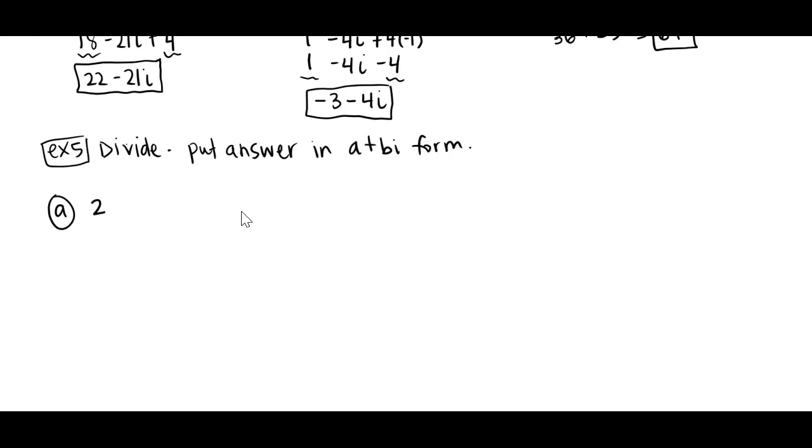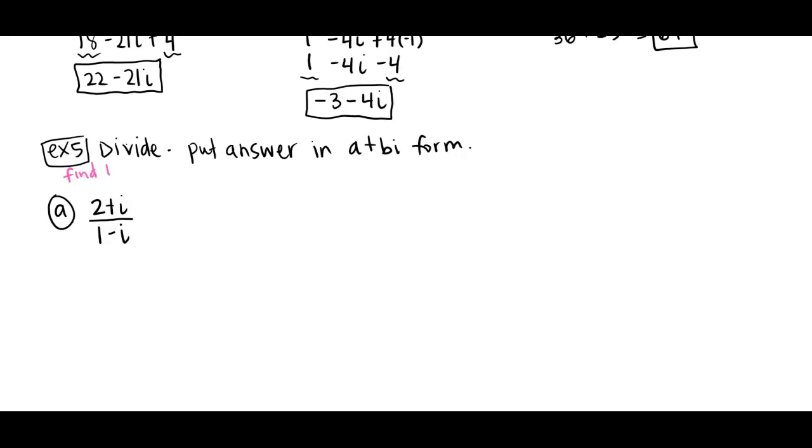It says 2 plus i on the top, and then 1 minus i on the bottom. All right, so when we're dividing, when we have these imaginary numbers, what we're really doing is we're trying to figure out what the complex conjugate would be of the denominator. So let me write that up here.